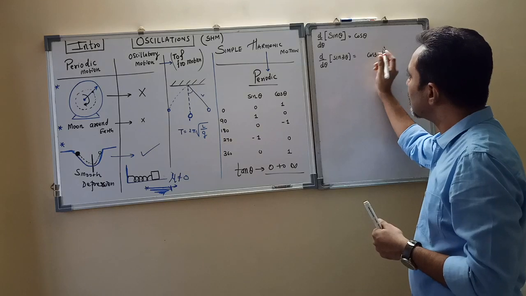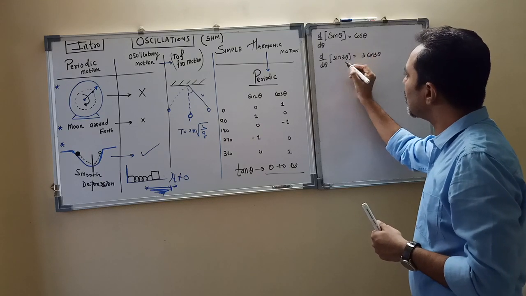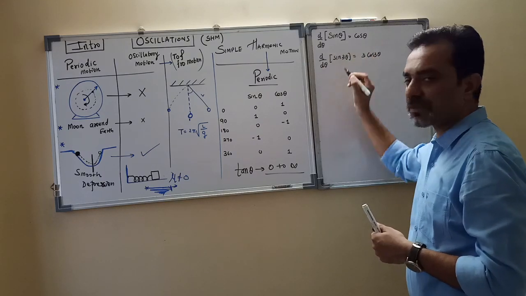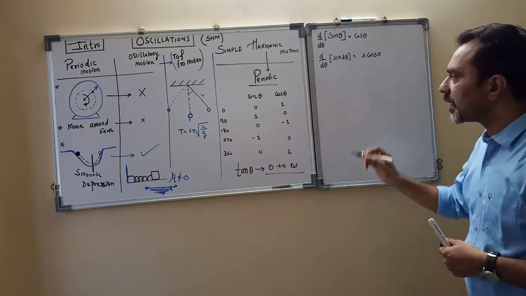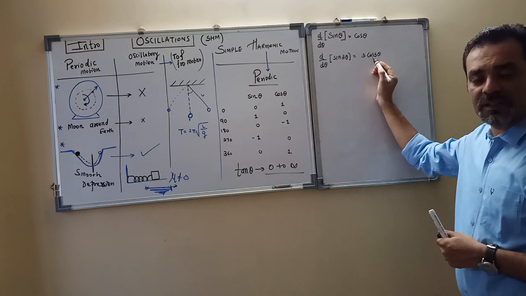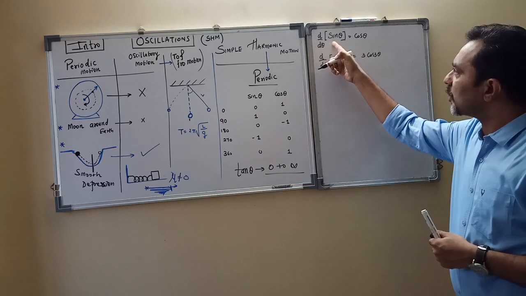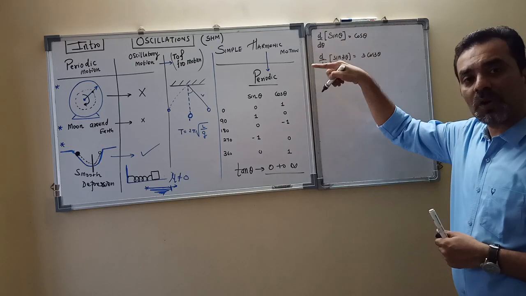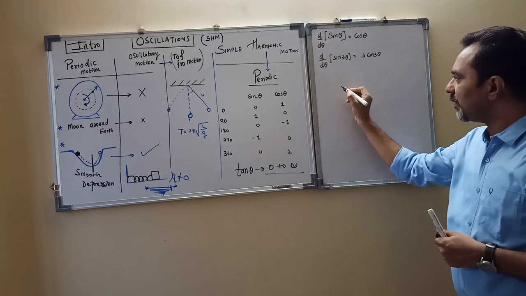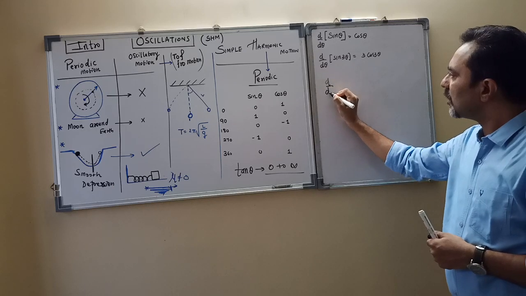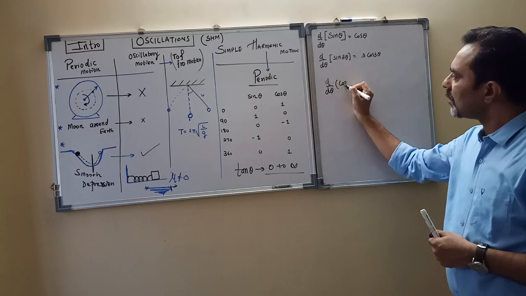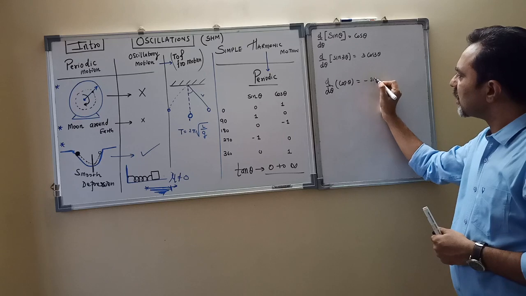I hope you understand. This 3 comes out because I take the derivative of 3 theta separately. This is called a composite function. So we write 3 cos 3 theta. And derivative of sine is cos, but derivative of cos is what? Minus sine. Derivative of cos theta will be what? Minus sine theta. This is what I want.